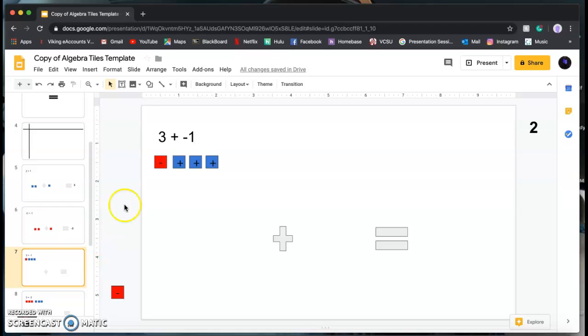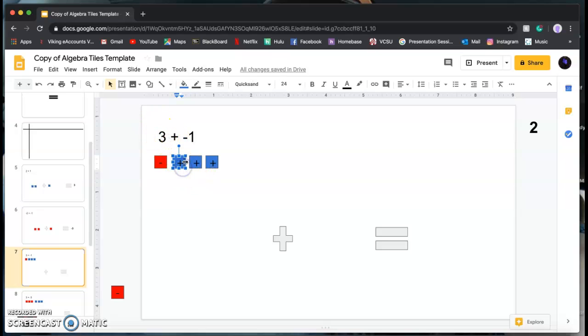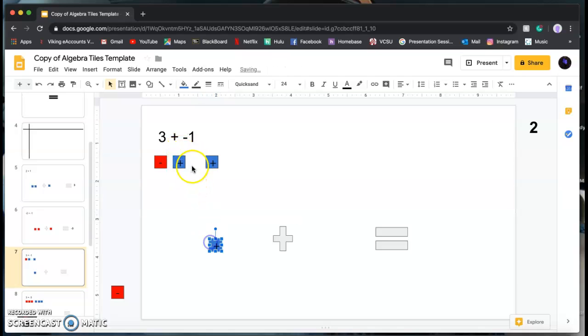The next question I have is 3 plus negative 1. Since this 3 is positive, I need 3 positive tiles. It's 1, 2, 3.